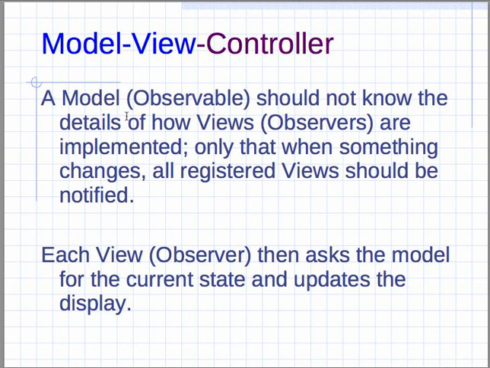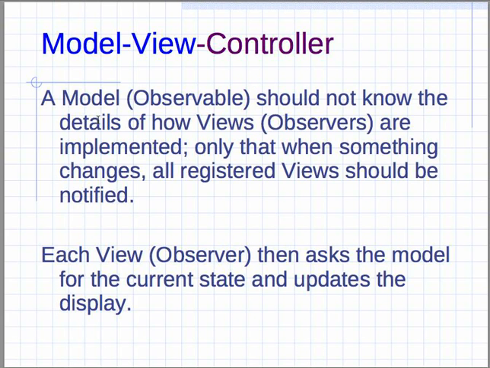So the model or observable should not know the details of how views or observers are implemented. That's the main thing about model view controller. Everything is decoupled. You could make the model, the view, and the controller into one object where everything knows about each other, but that's just not a good design. The best way to design these things in general is to decouple the model from the view and the controller.